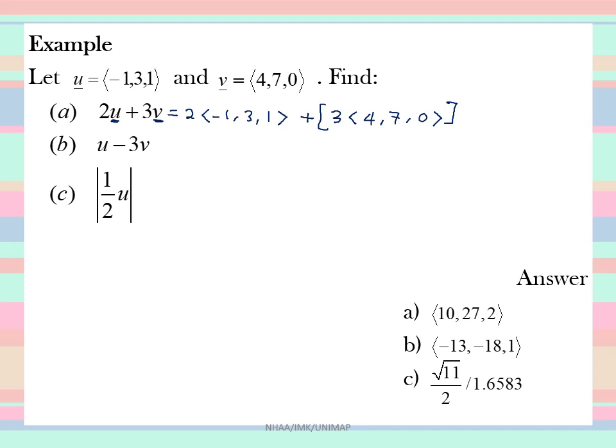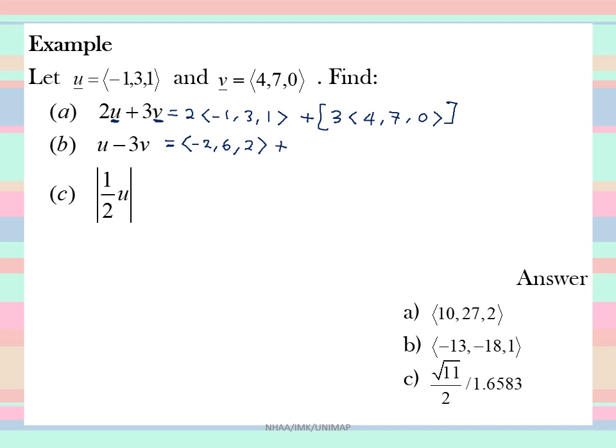Alright, so this is equivalent to a new component form where it is double the first vector's components. 2 times -1, you will have -2. Each component you multiply with 2, so 3 times 2 will be 6, 2 times 1 will be 2.